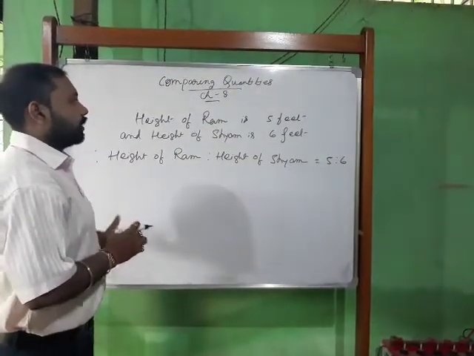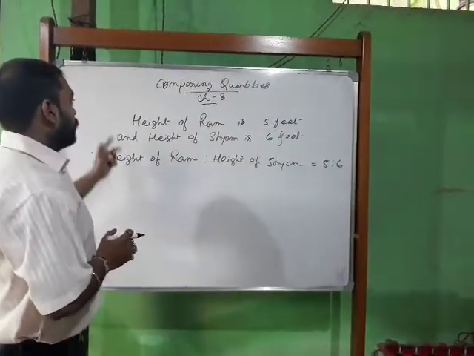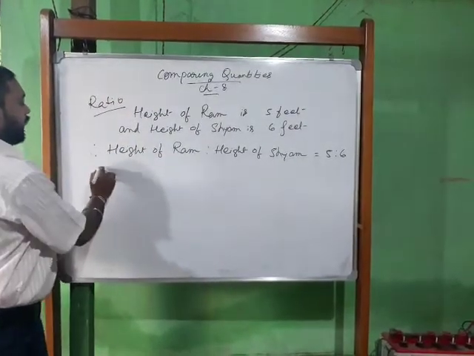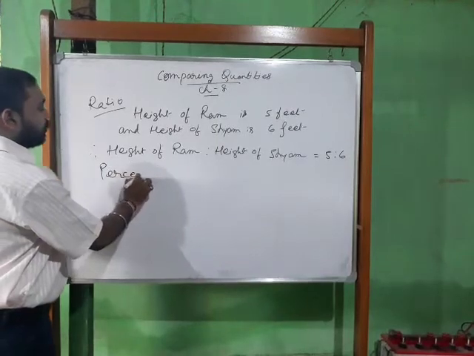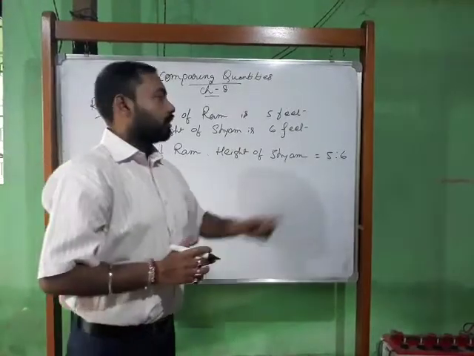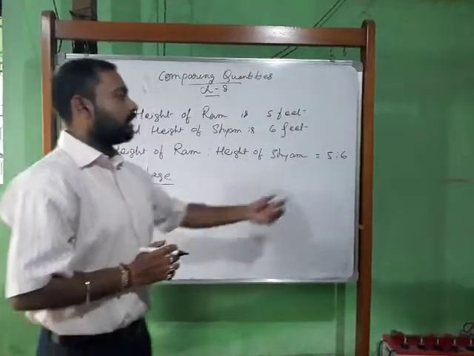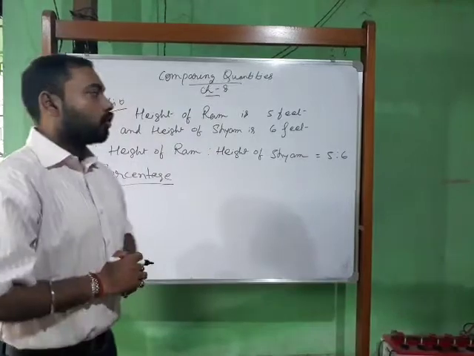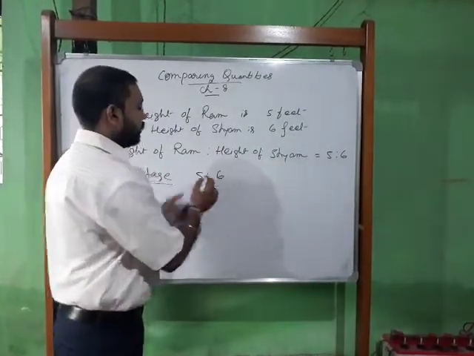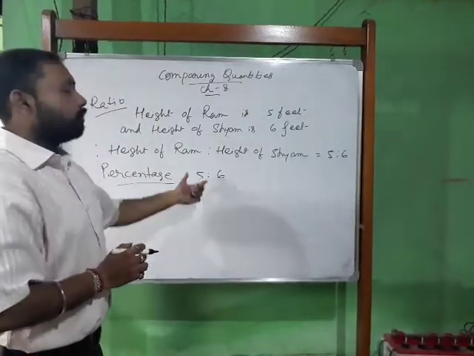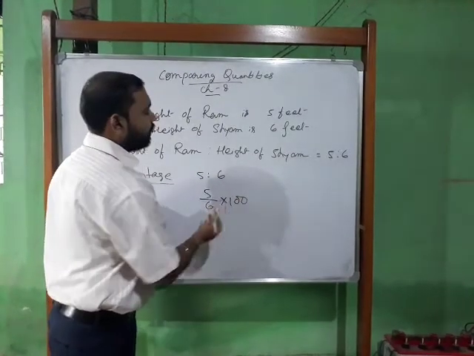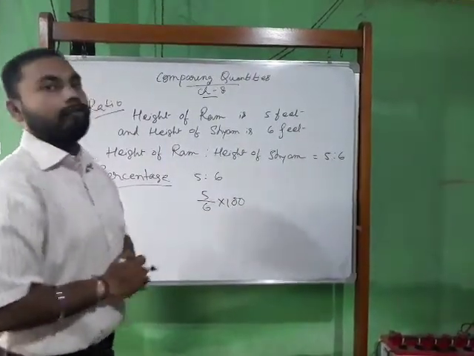Now in your chapter, they have given about ratio, which I talked about, and the second one is percentage. So how can we convert a ratio into a percentage? If I consider this ratio 5:6, how can I convert this into a percentage? It is very simple. It is 5/6 into 100. Simply we have to multiply by 100.